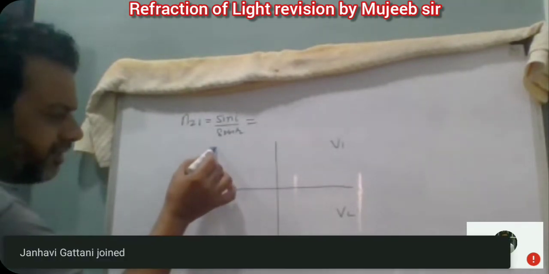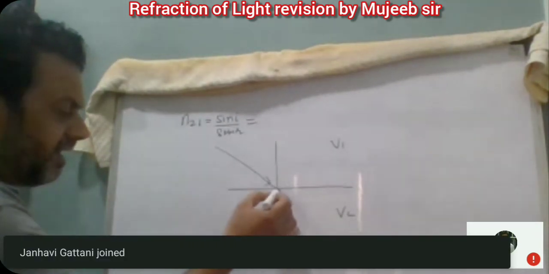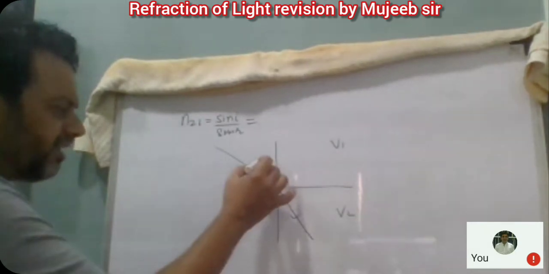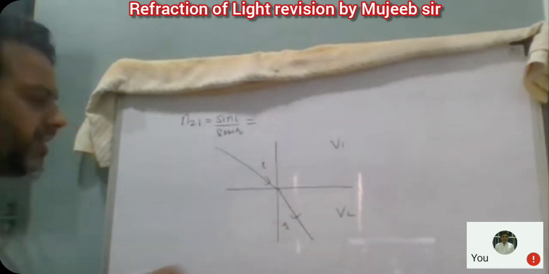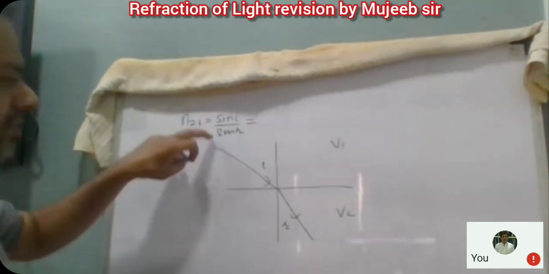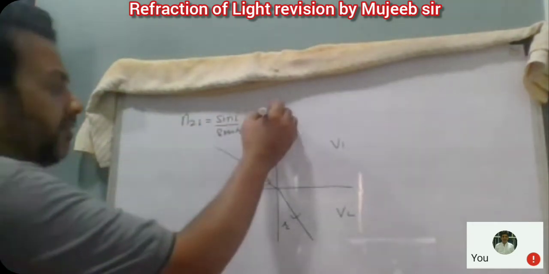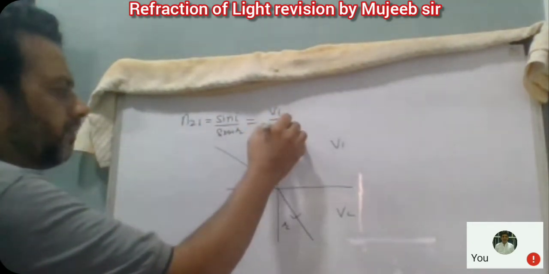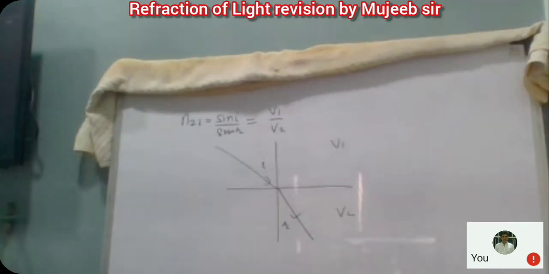The ray bends at the interface, with angle of incidence and angle of refraction, and n21 equals sin i upon sin r, which is equal to v1 upon v2, the speed of light in the first medium divided by the speed of light in the second medium.